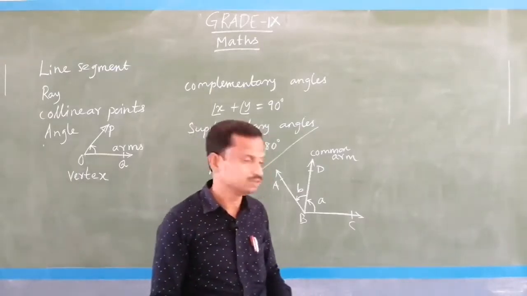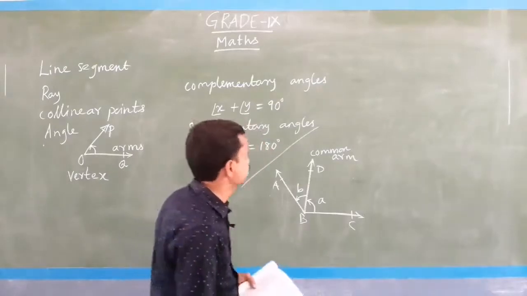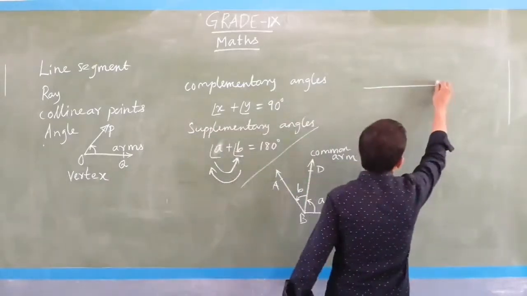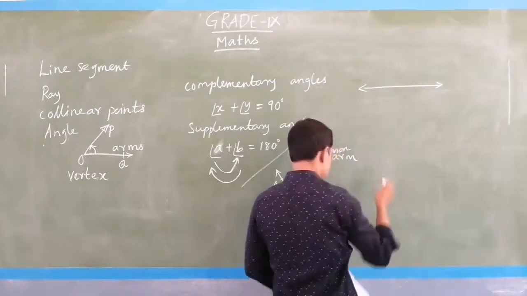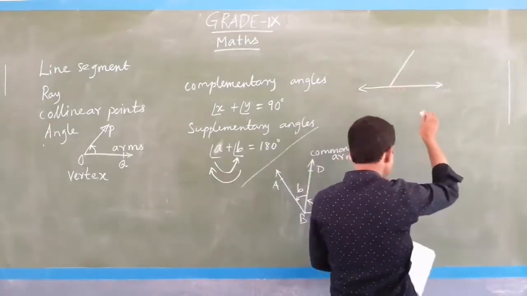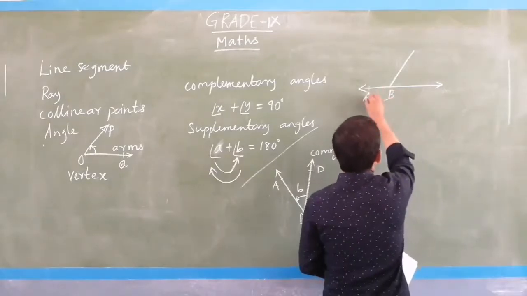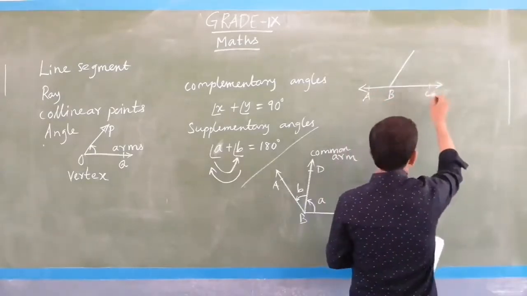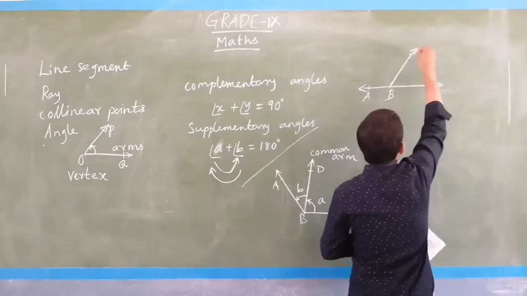linear pair of angles. I already explained to you. Linear pair of angles means this is a straight line and you draw a ray from here, we can name it A, B, C and this is D. Okay.